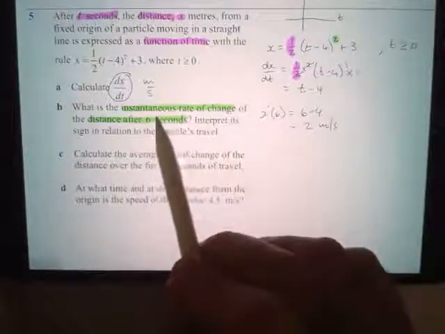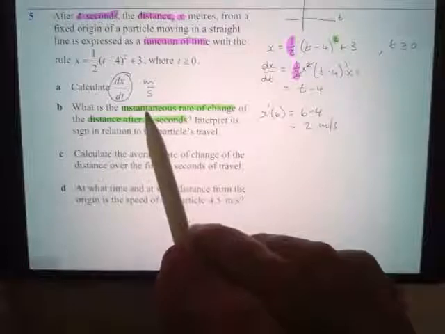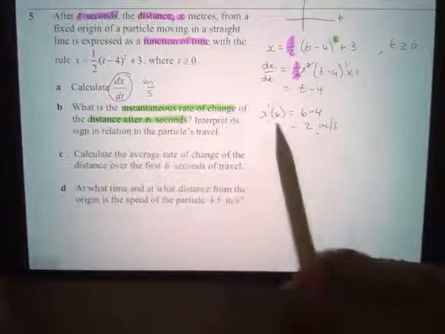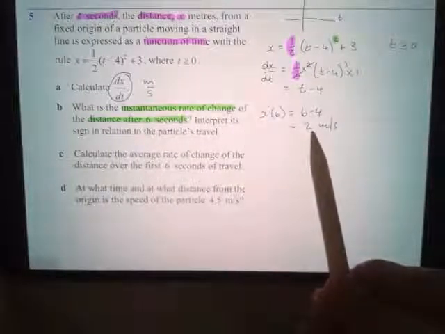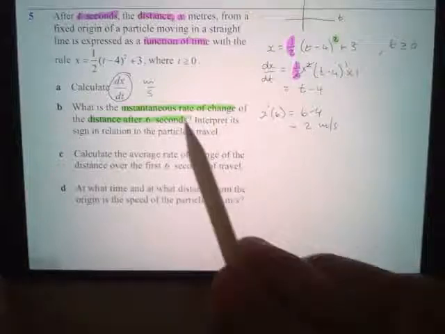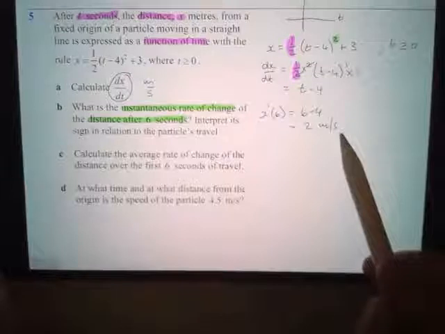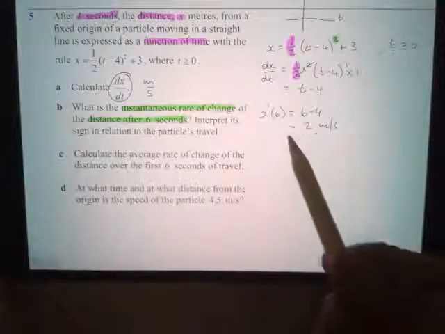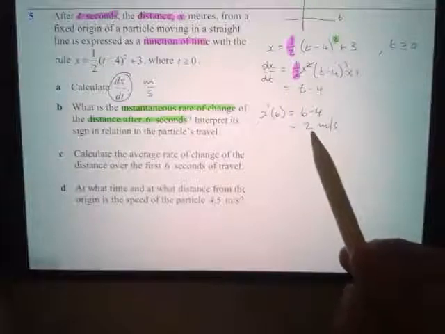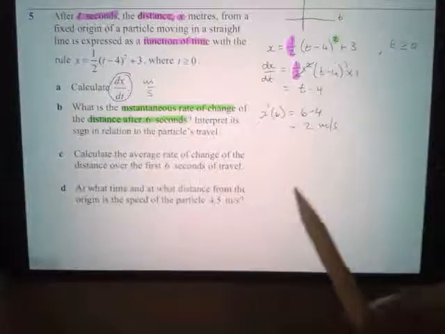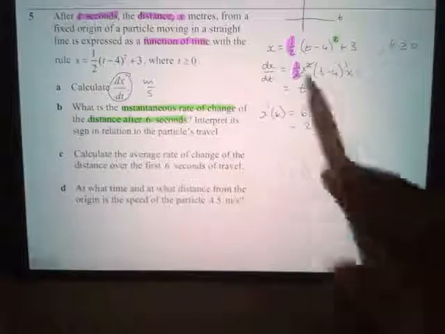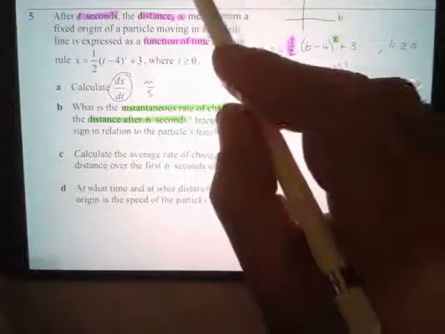So at 6 seconds, the particle is moving away from the origin at 2 meters per second. Let's look at part C.